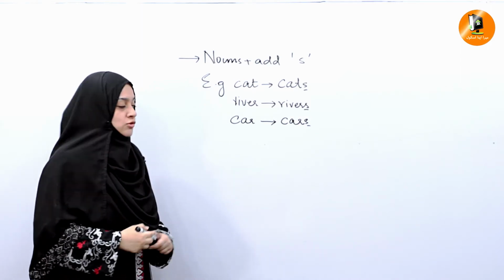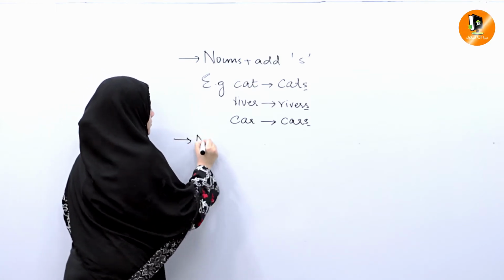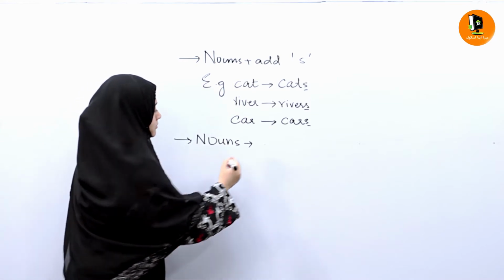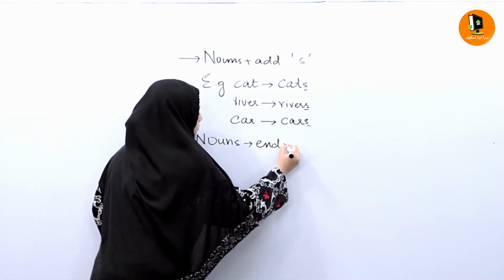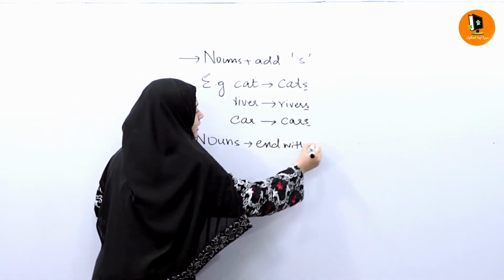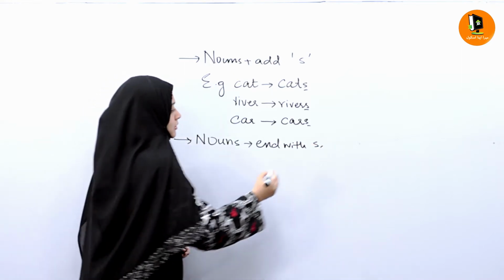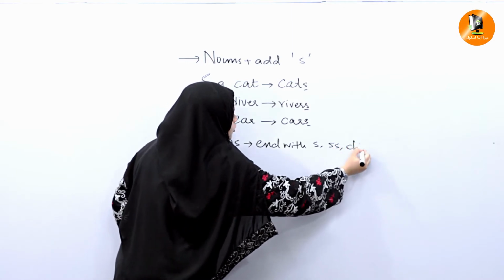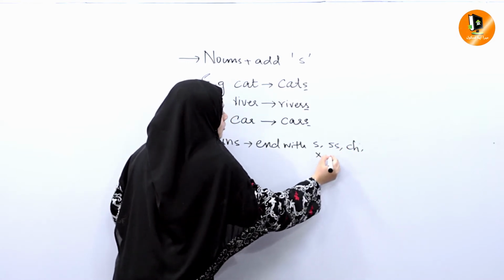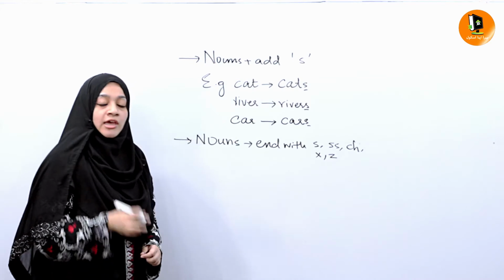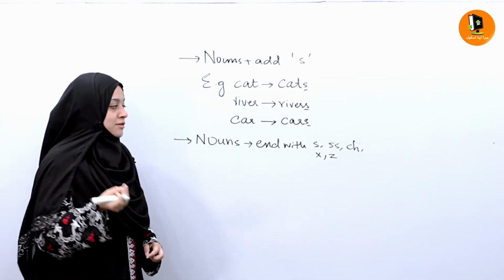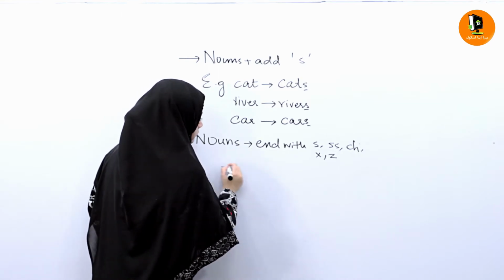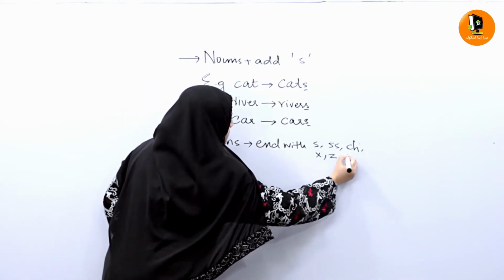Now there is another situation. Sometimes there are nouns that end with S, SS, CH, X or Z. In these cases, you can simply add ES.